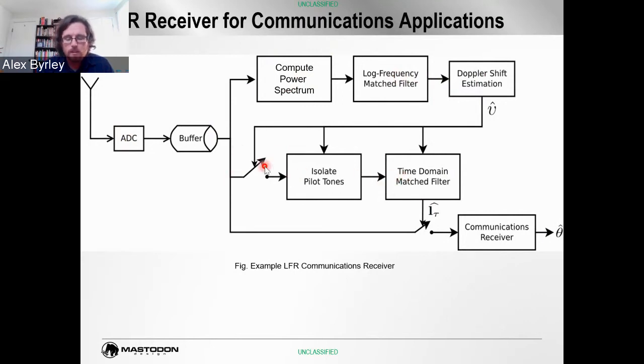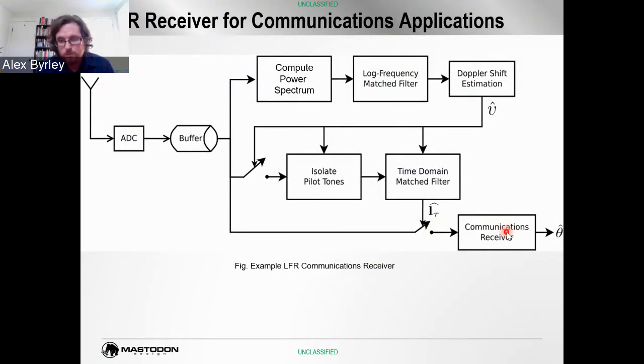We can save some of those carriers as pilot tones, for instance, if we want to estimate the channel, and this allows us to do a time domain matched filter because we know the phases. This gives us a very precise estimate of where the signal is in time. We can send this out to a communications receiver, whichever corresponds to the phase modulation we used.